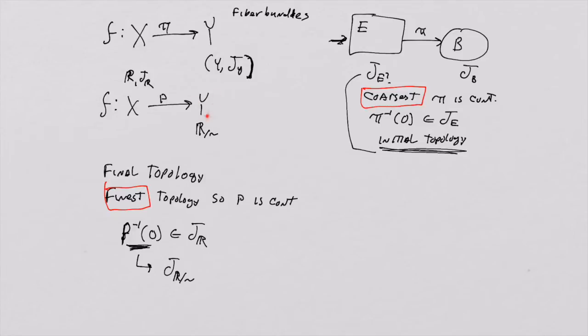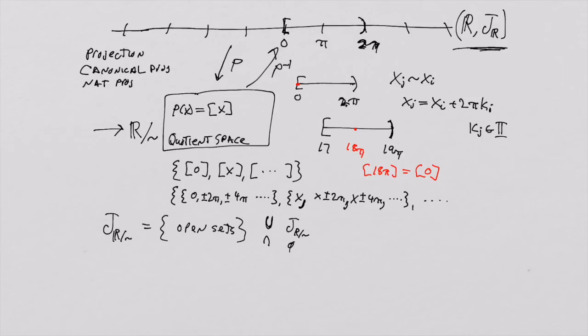If you have a topology here that's extremely fine, like say the discrete topology, say every element of this set was open, then the inverse projection into X could easily end up yielding sets that are not open in X, because it's so fine here that X is too coarse to measure every one of these open sets under the inverse image of P. So a single point in Y might project into X in a way that is not open.